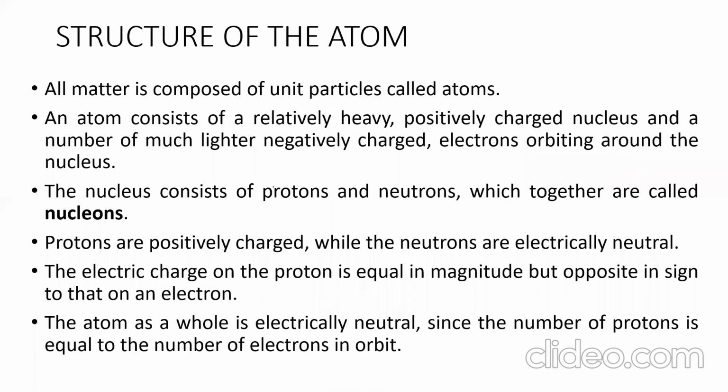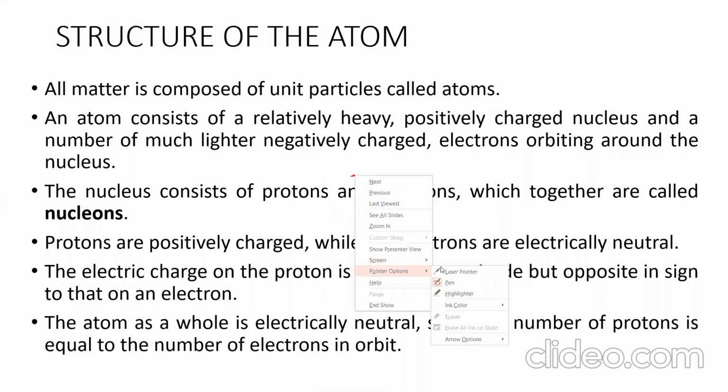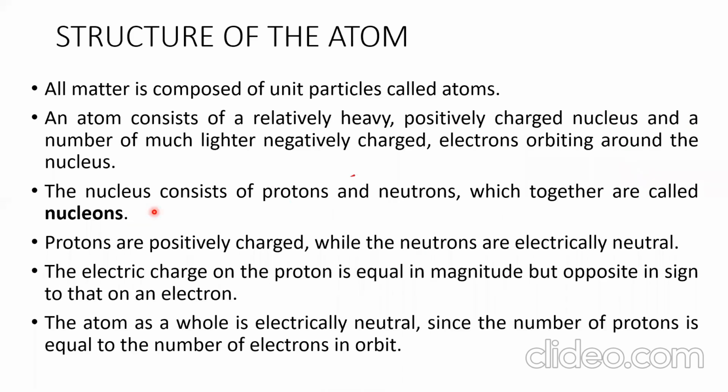Same information is given here. The nucleus consists of protons and neutrons, which together are called nucleons. Remember, nucleons means what? Protons plus neutrons. Protons are positively charged, while the neutrons are electrically neutral.